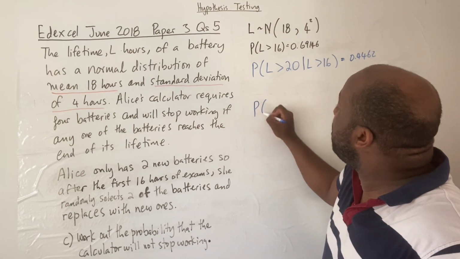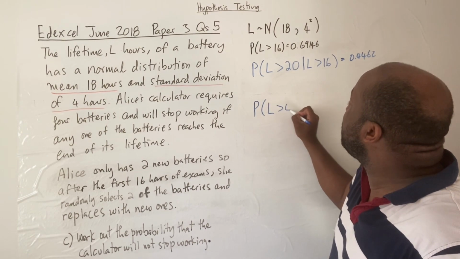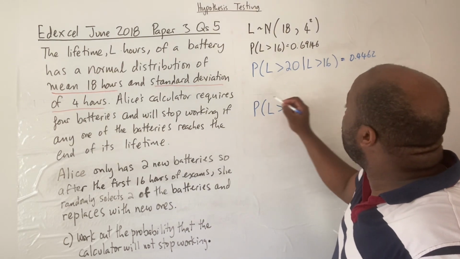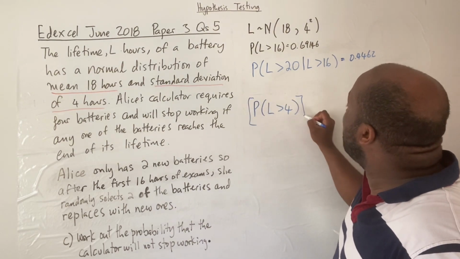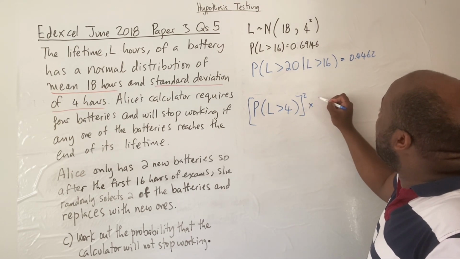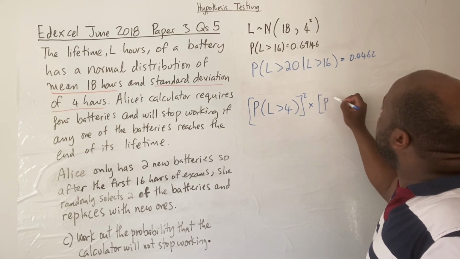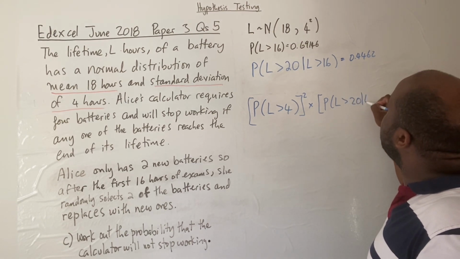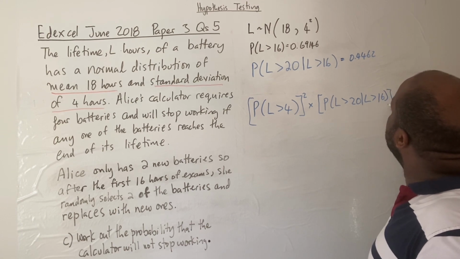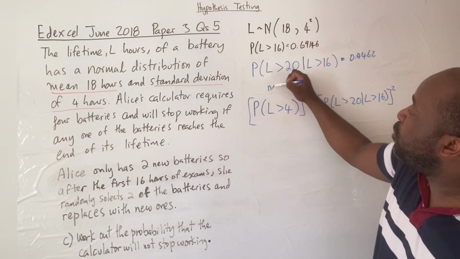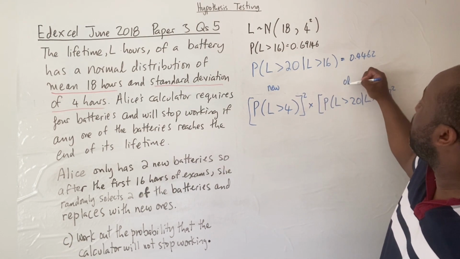So we're looking at the probability that L is greater than 4 for the new calculators, and then we're going to be squaring that because that must be true for 2 calculators, and then we're going to times that by the probability that L is greater than 20 given that L is greater than 16, and there are 2 of these calculators that it must be true for. So this will be the new calculators and this will be the old calculators.